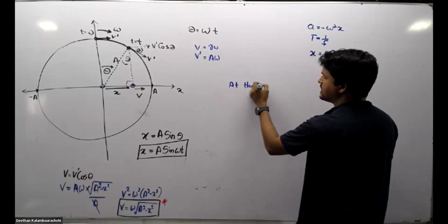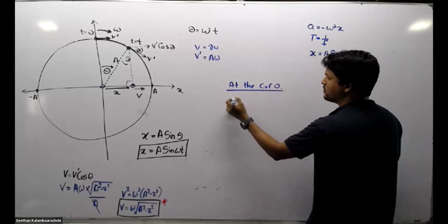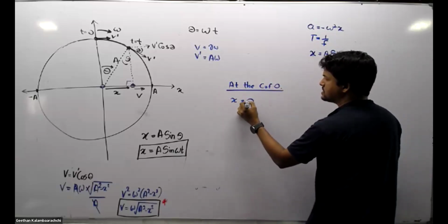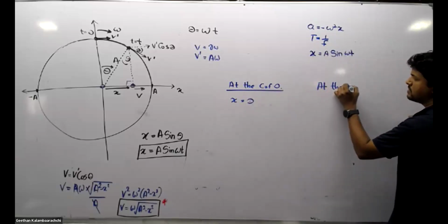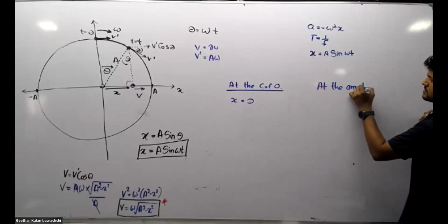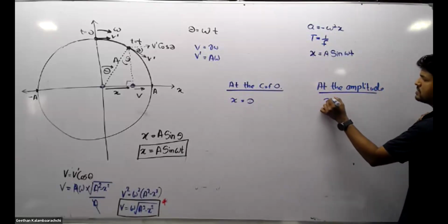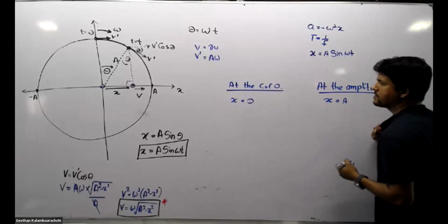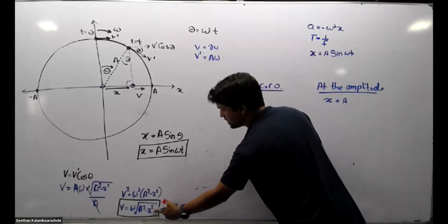At the center of oscillation, what is x? Zero. At the amplitude, what is x? A. So at the center of oscillation, you put 0 here.